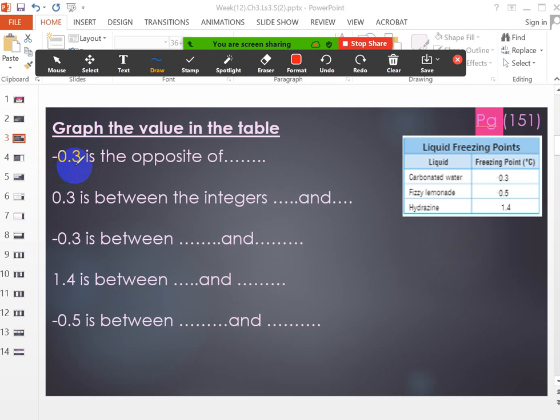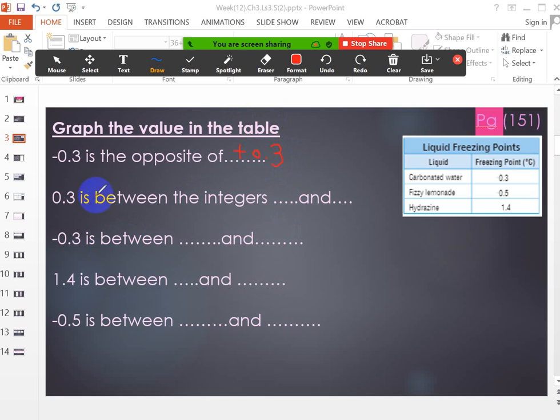We talked about the opposite in the first lesson of this chapter. The opposite of any number is the same number with the opposite sign. If the number is negative, the opposite will be positive. Very good. So to understand where negative 0.3 is, let's talk about the opposite one, which is 0.3.